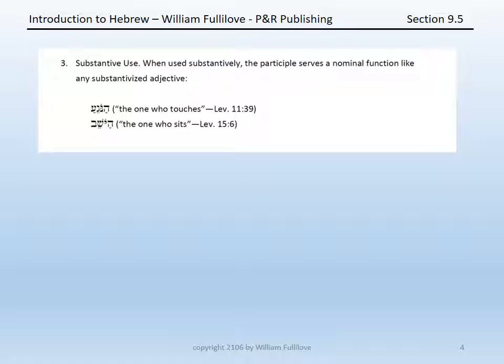Thirdly, and again corresponding to the uses of the adjective, we have the substantive use. When used substantively, a participle is serving a nominal function, just as any adjective used substantively is doing. Ha-noge'a is a qal active participle, masculine singular, from the verb naga, to touch. The hey on the front is the definite article, the one who touches.